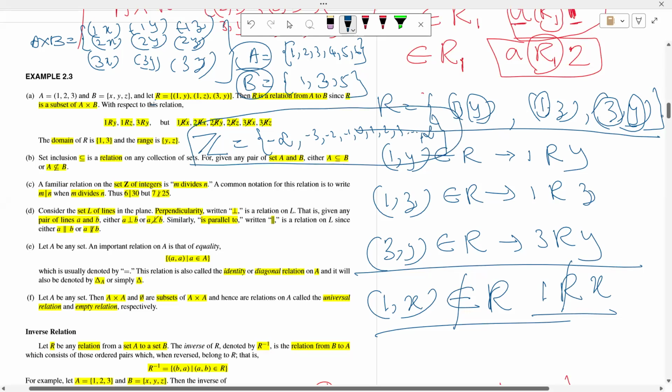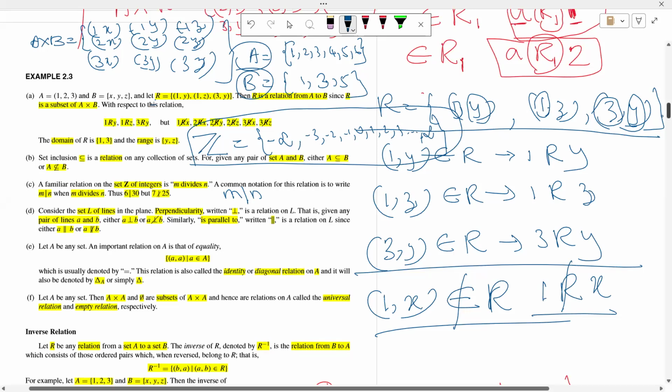Then from this set, there is a relation they are telling: M divides N, right? M is an element from this set, N is also an element from this set.